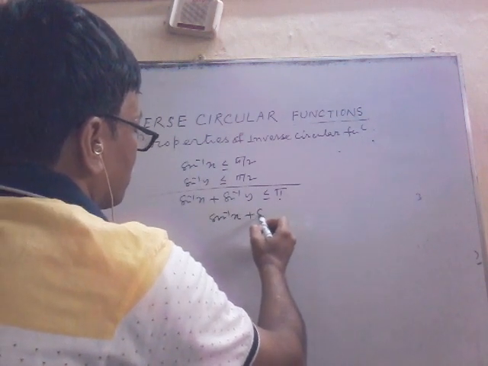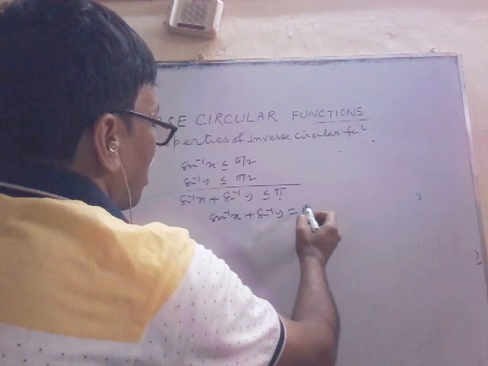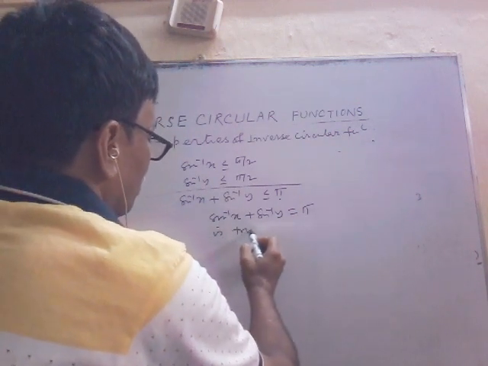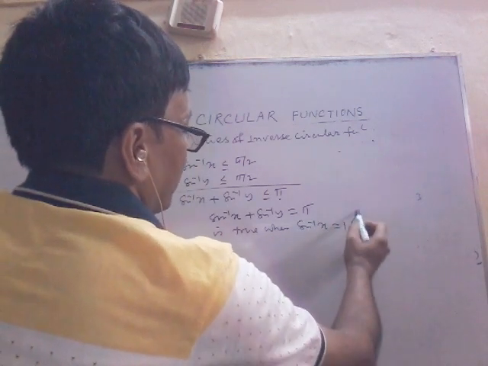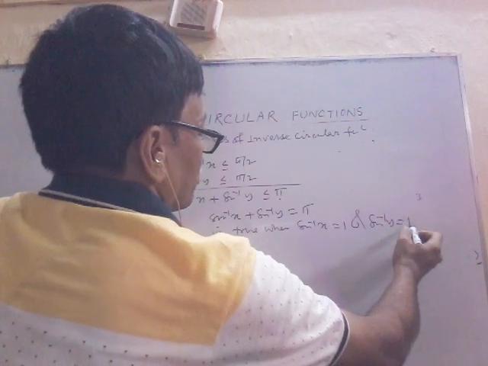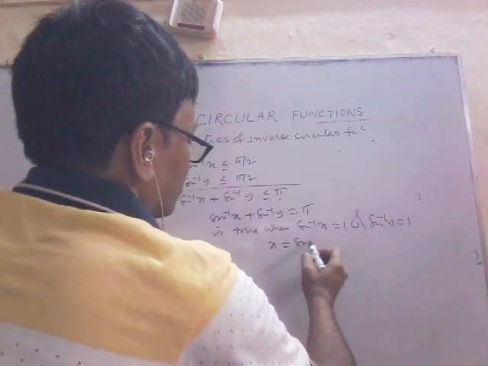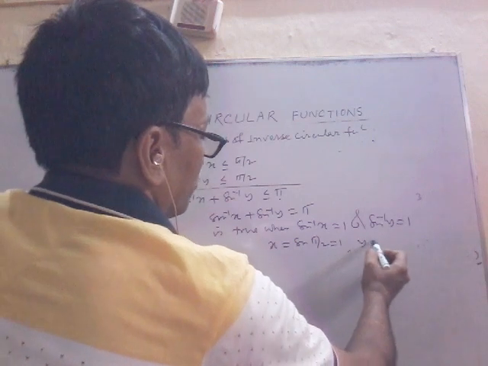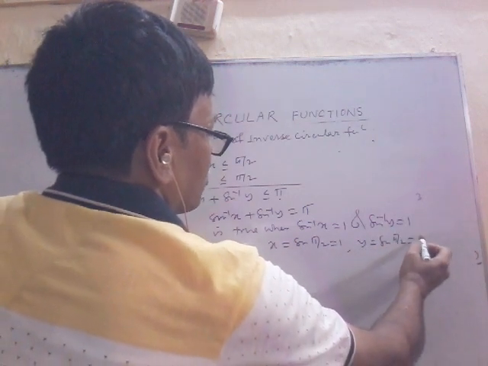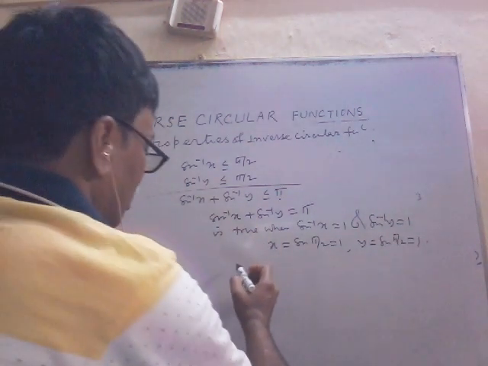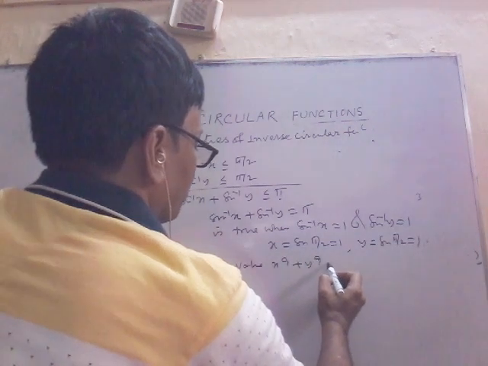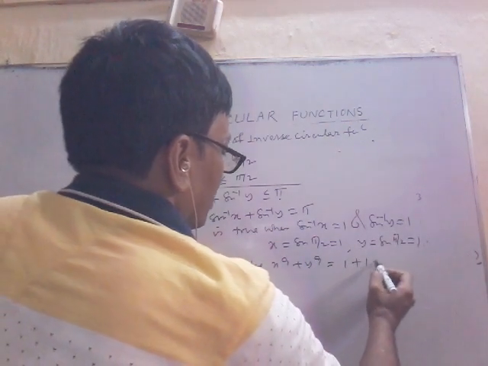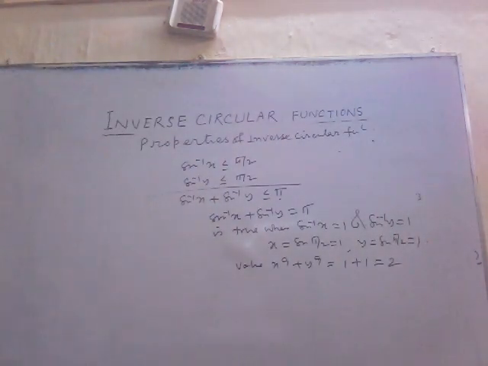Sine inverse x plus sine inverse y equals pi is true when sine inverse x equals pi by 2 and sine inverse y equals pi by 2. So x is sine pi by 2, 1, y is sine pi by 2, 1. So the final value of x to the power 9 plus y to the power 9 equals 1 plus 1 equals 2.